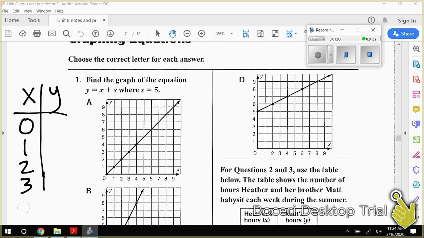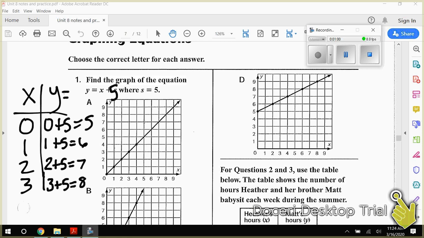So if y equals x plus 5, then 0 plus 5 is 5. 1 plus 5 is 6. 2 plus 5 is 7. 3 plus 5 is 8.